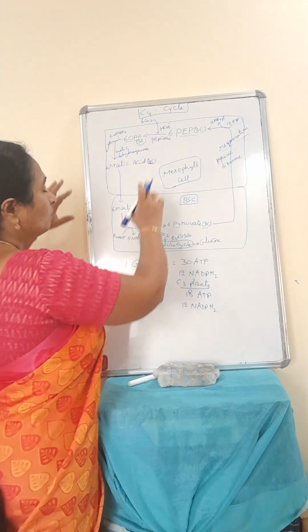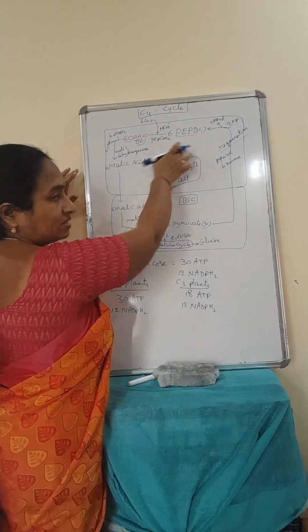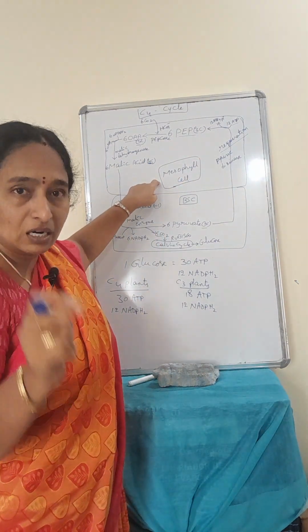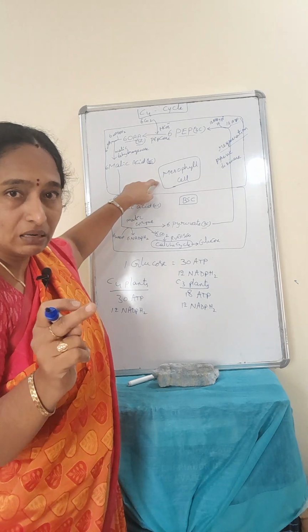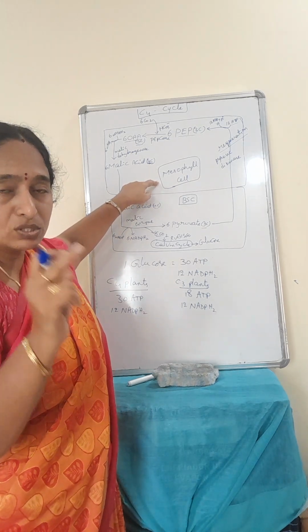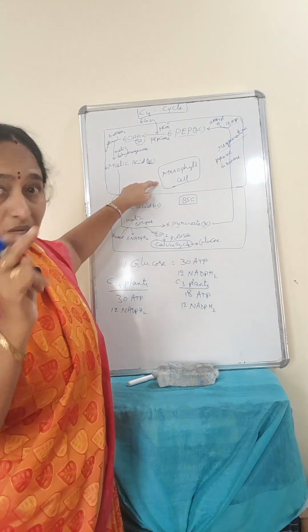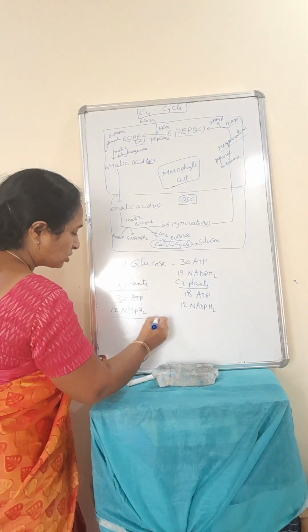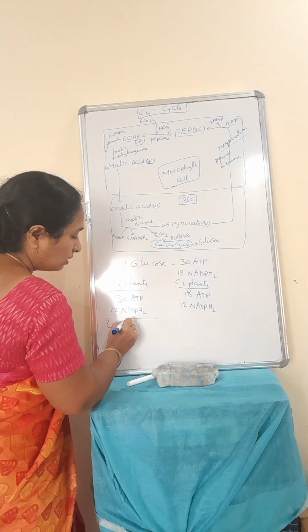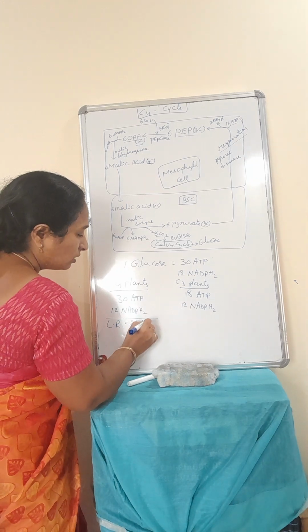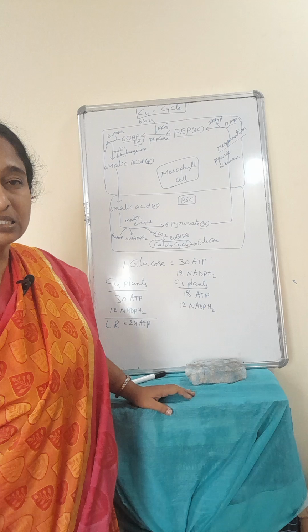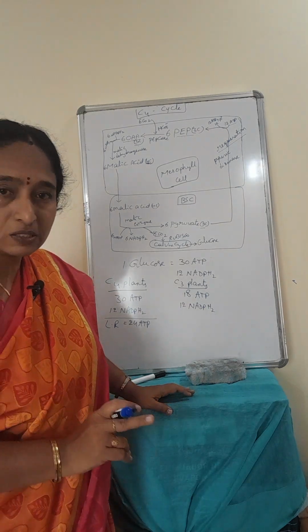Mesophyll cells have granal chloroplasts, and because of the granal chloroplast they undergo the light reaction. As part of the light reaction, 24 ATPs are formed in the mesophyll cell chloroplast.